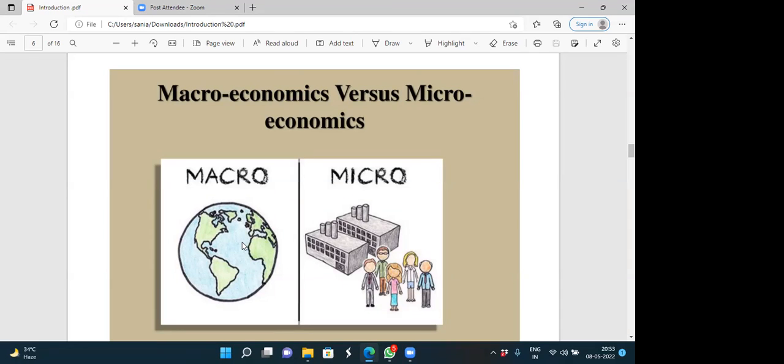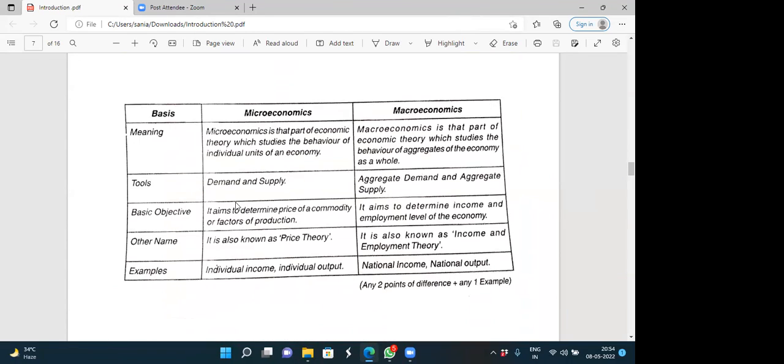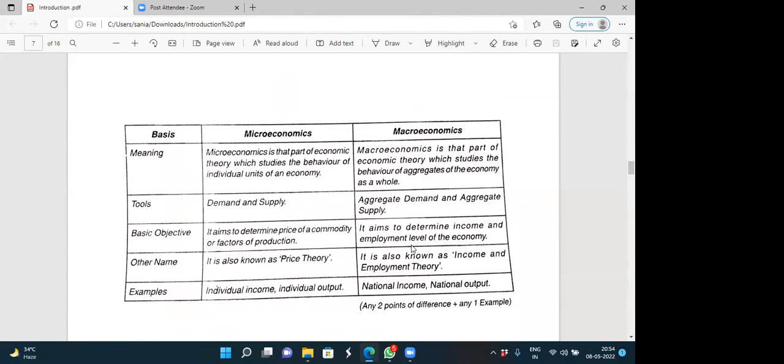It doesn't matter which country or continent you are from, in macroeconomics you will be considered a single unit, as people. But when we come to micro, we differentiate you on the basis of your country, like Indian, American, African. But in macro, everyone is people, everyone is a human being.